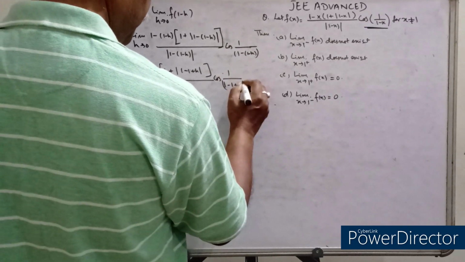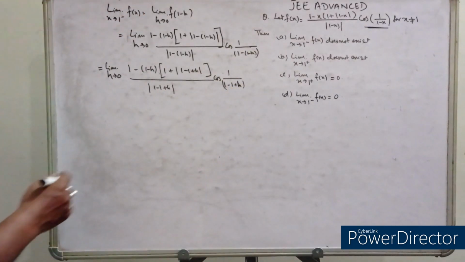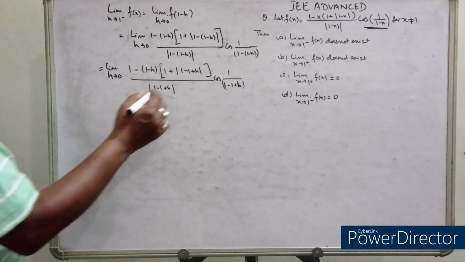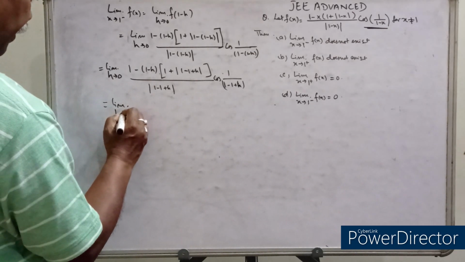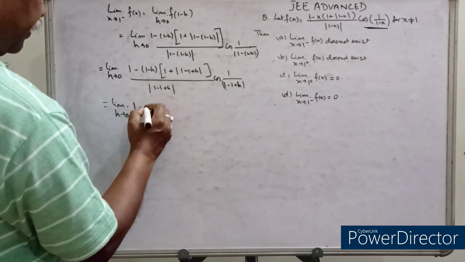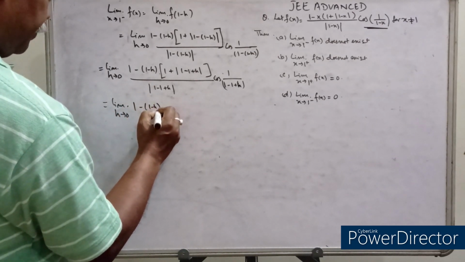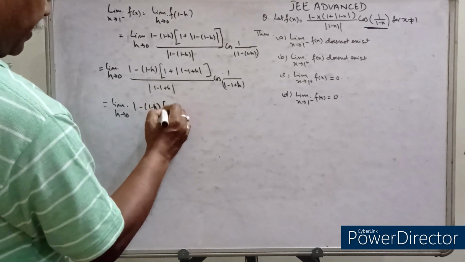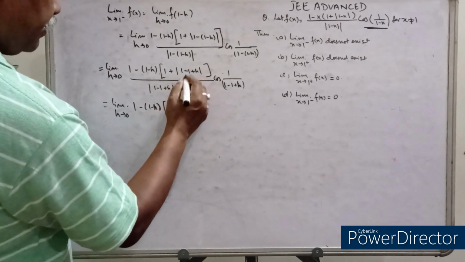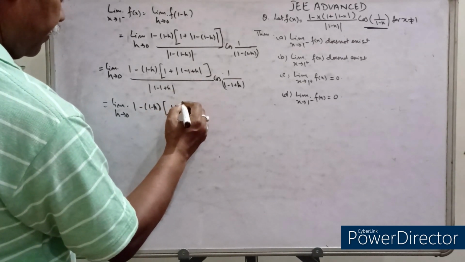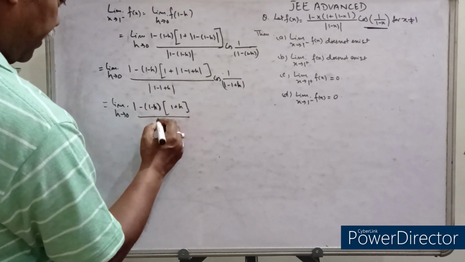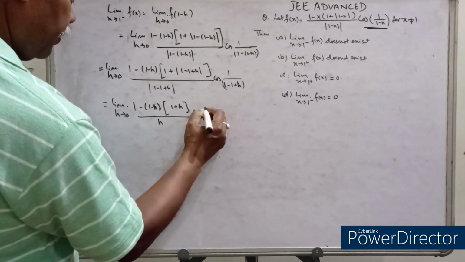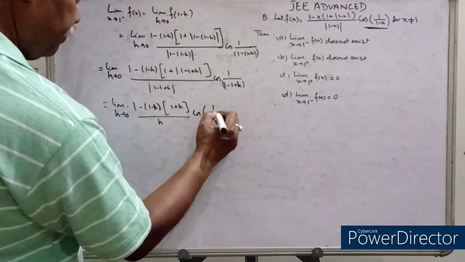So now that is the limit h tends to 0 of (1 minus h) and here this will be (1 plus h), and then h cos 1 by h.